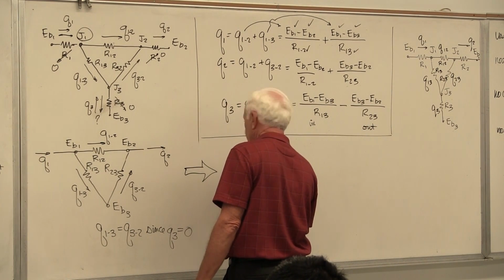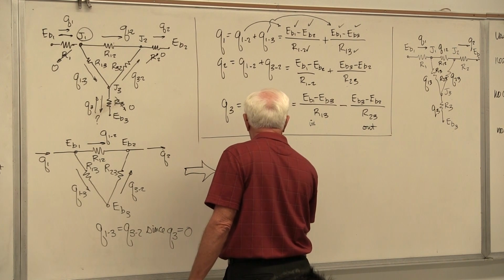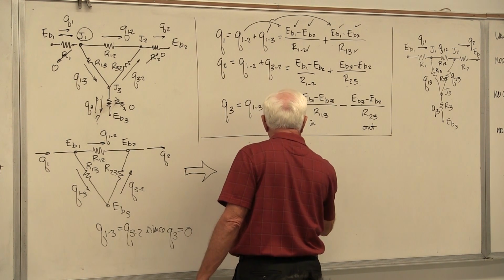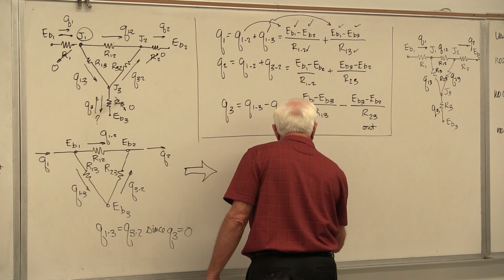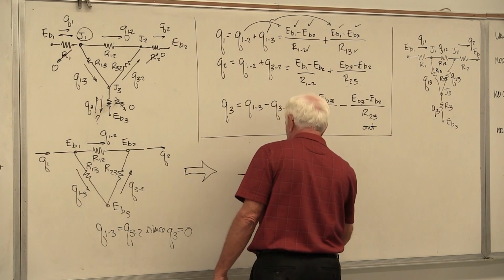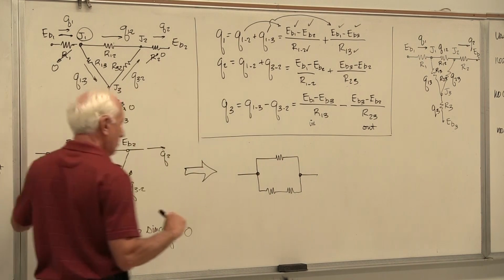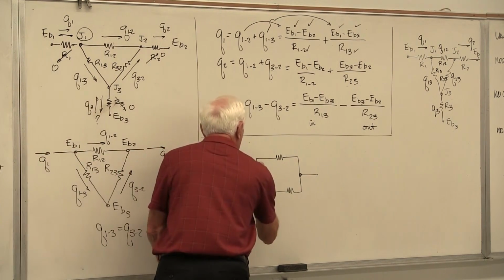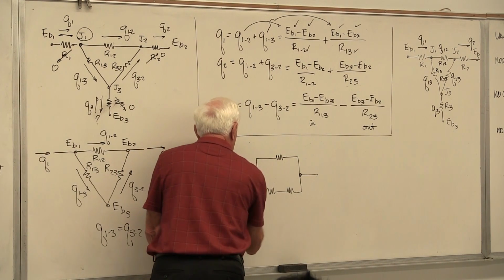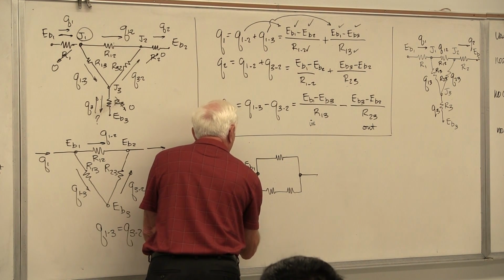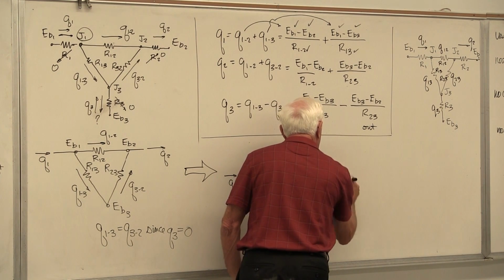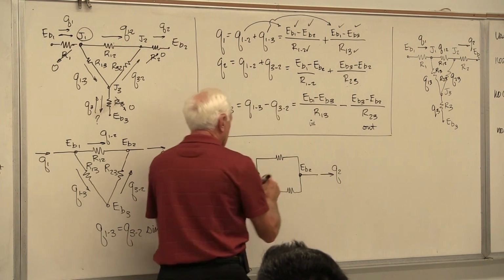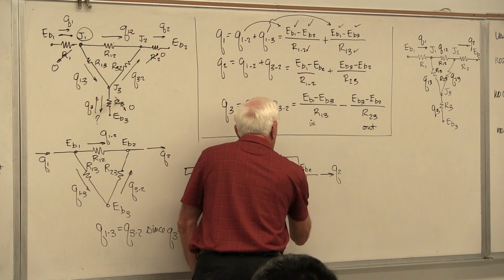Comes in like this. Some goes this way. Some goes this way. And then goes back out. Here's the nodes, EB1. This is Q1. This is EB2. This is Q2. This is R12.